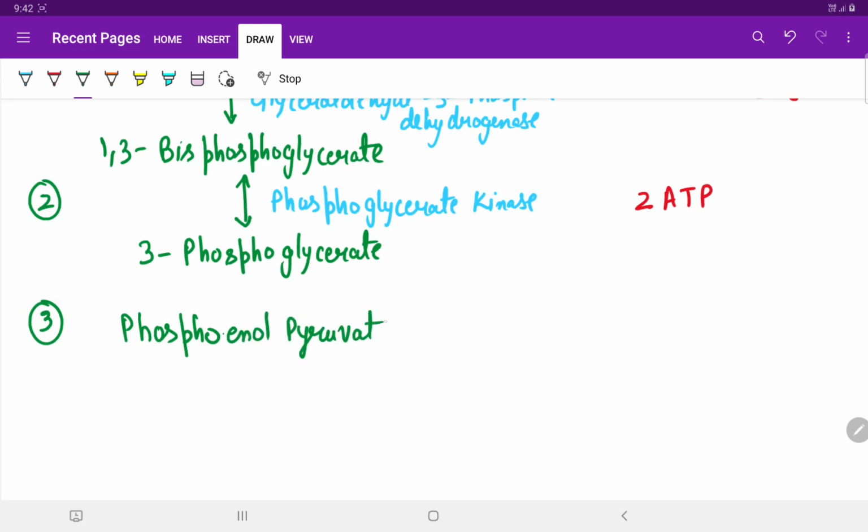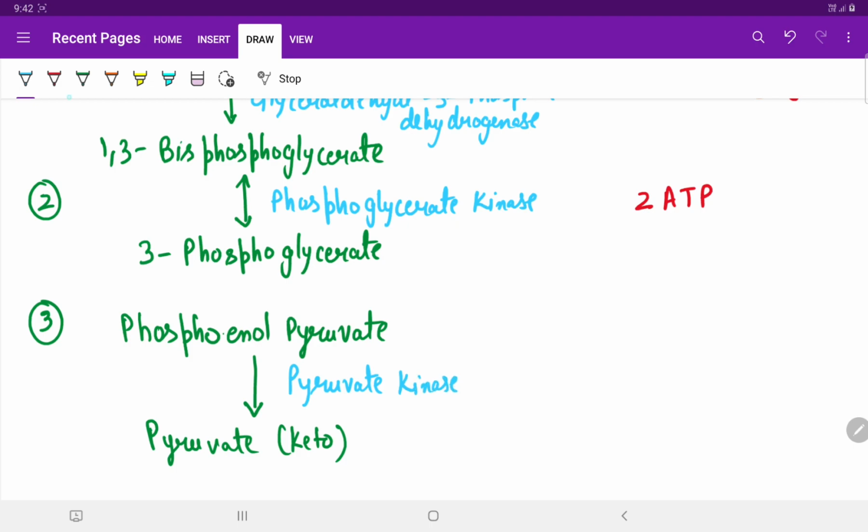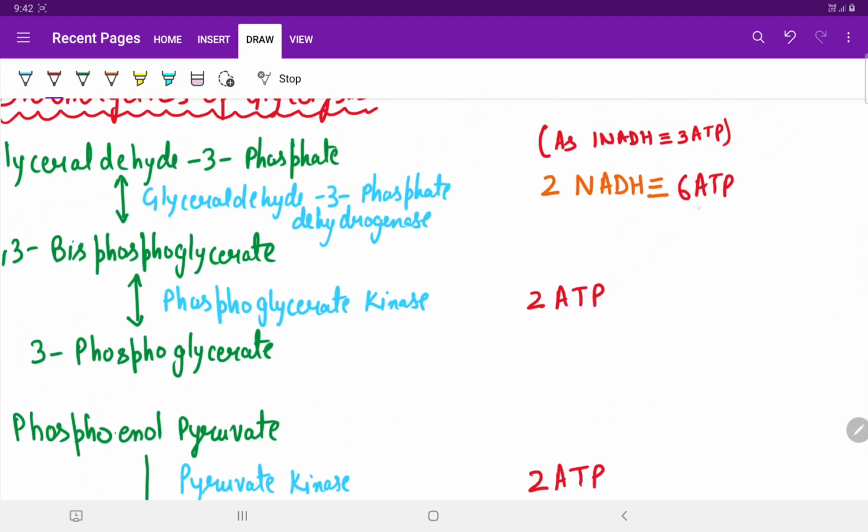So this is an irreversible reaction that leads to formation of pyruvate in its keto form. This is also accompanied by production of 1 ATP molecule, and similarly the net production will be of 2 ATPs as the reaction is considered for 2 molecules of glyceraldehyde 3-phosphate.